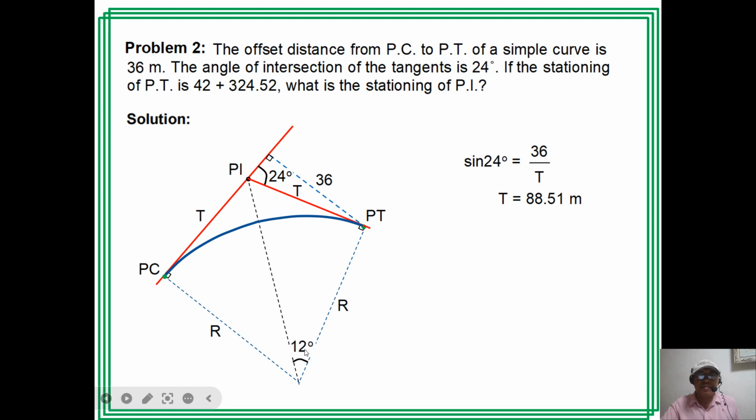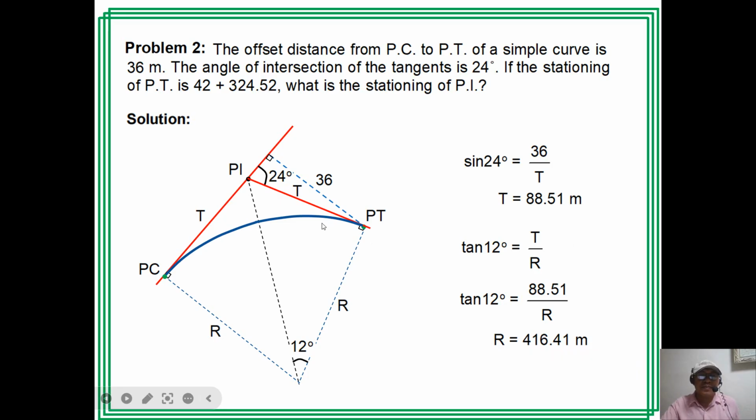So, this is 12. This is R. This is T. I have T, so I can solve the R using tangent of 12 equal to T over R. With T equal to 88.51, I can solve for R, 416.41.